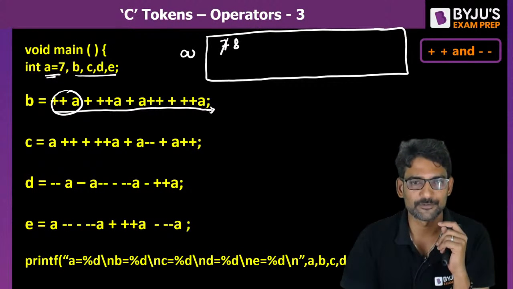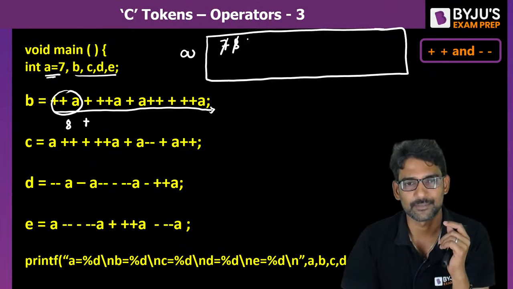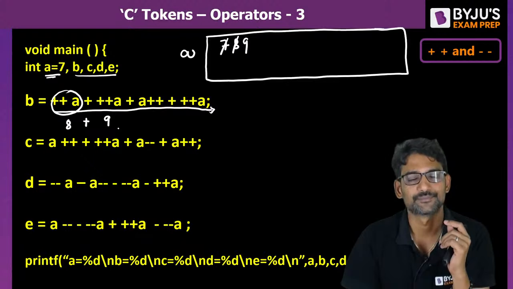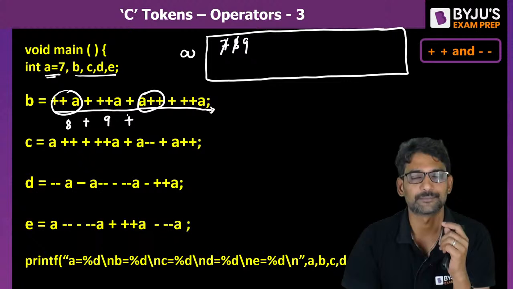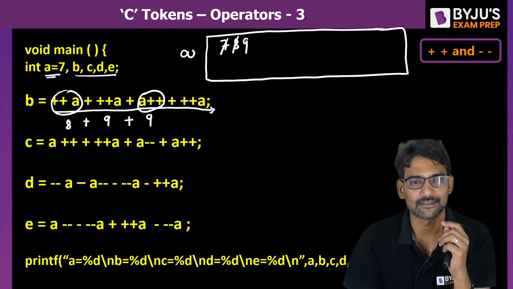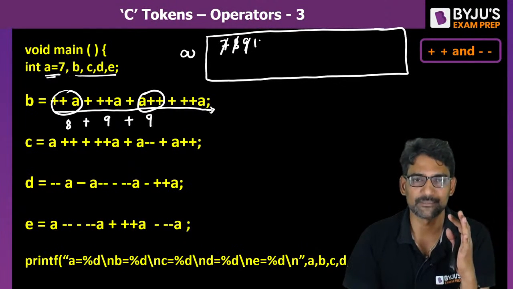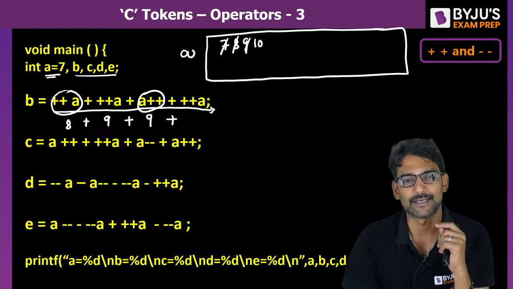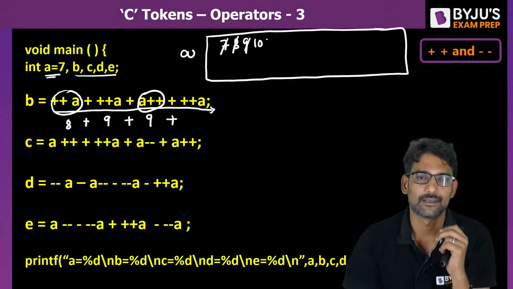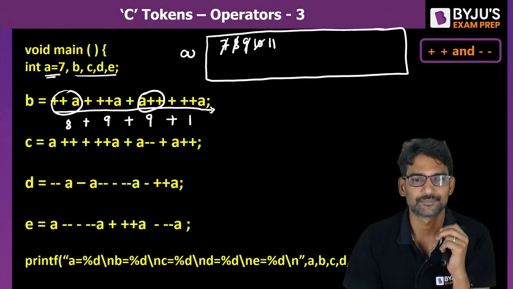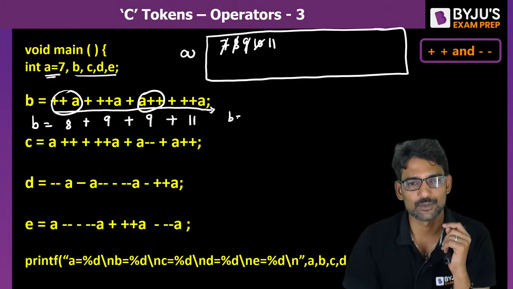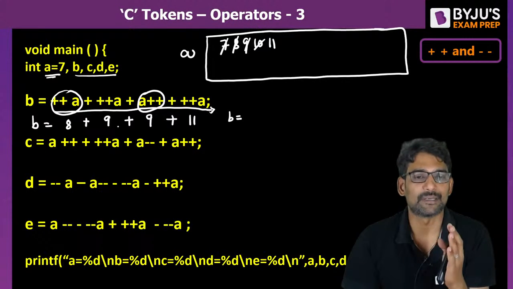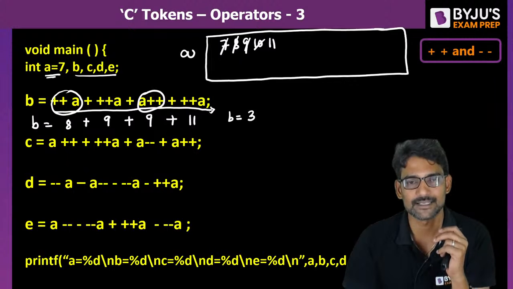So increment first. ++A, increment and give that value, plus post-increment A++. So 9, first you assign, after assignment increment, plus ++A, pre-increment, this one. So what would be B value? B value is going to be 20 plus 9, 29 plus 8, 37.